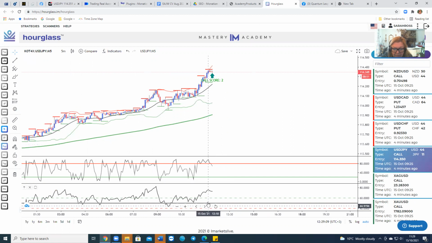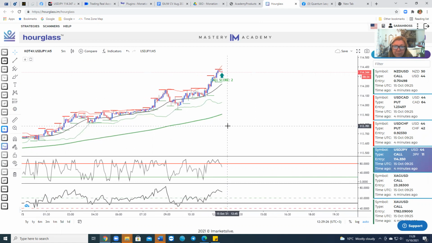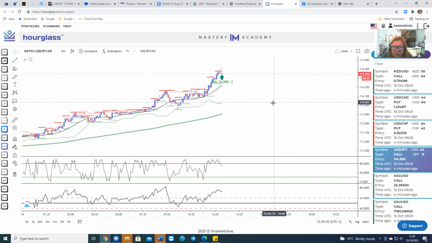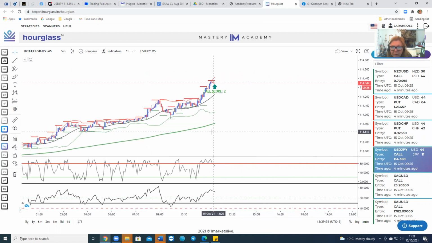It's still relative strength, it's still above, but the arrows, the lines are pointing down. But at half past, it could turn up again. 44 to 11, Japanese yen's gained a little bit of strength there. But we do know the US dollar's been very strong.